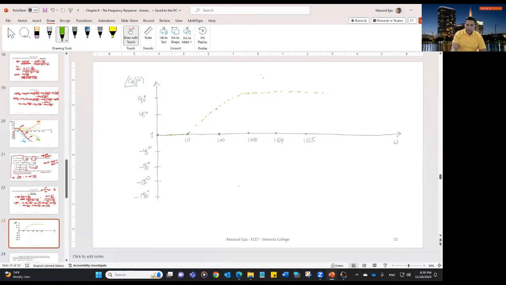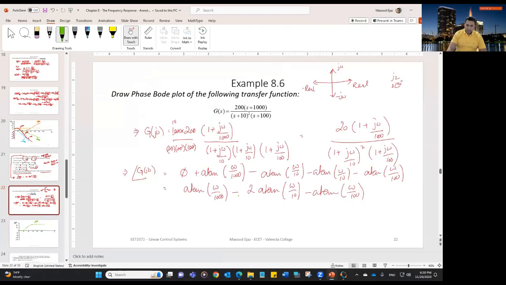So this is for the factor phase of 1 plus j omega over 100. Then we have -2 arctan of omega over 10.